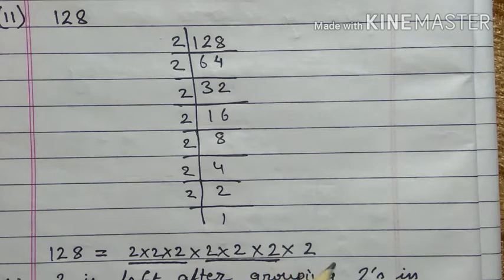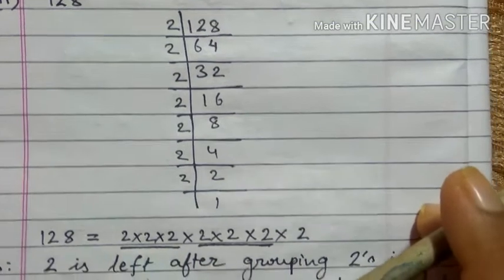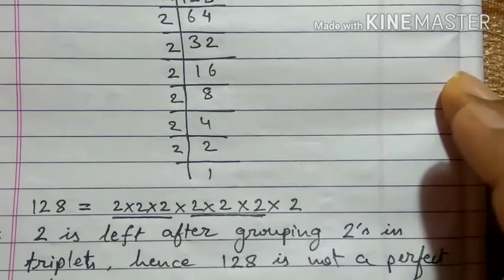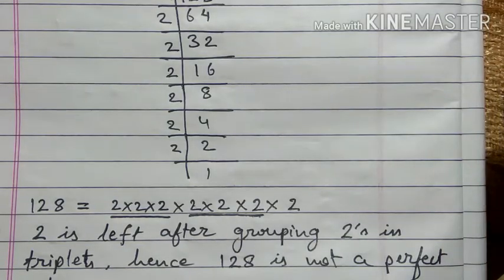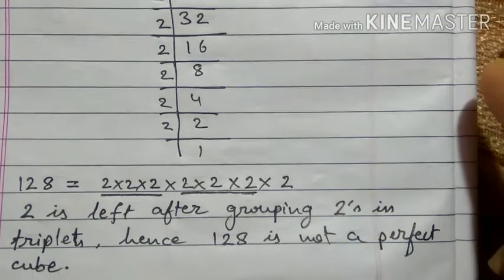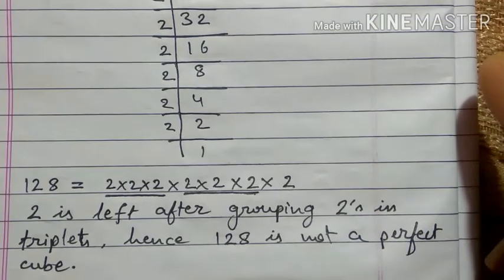Okay, so after taking in triplets, we form triplets of 2's 2 times, and 2 is left. So here we will write 2 is left after grouping 2's in triplets, hence 128 is not a perfect cube. So this is the answer.